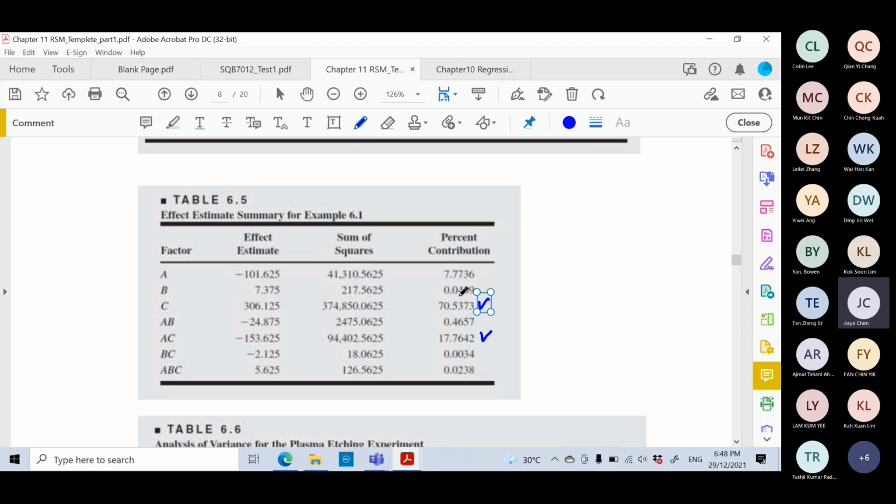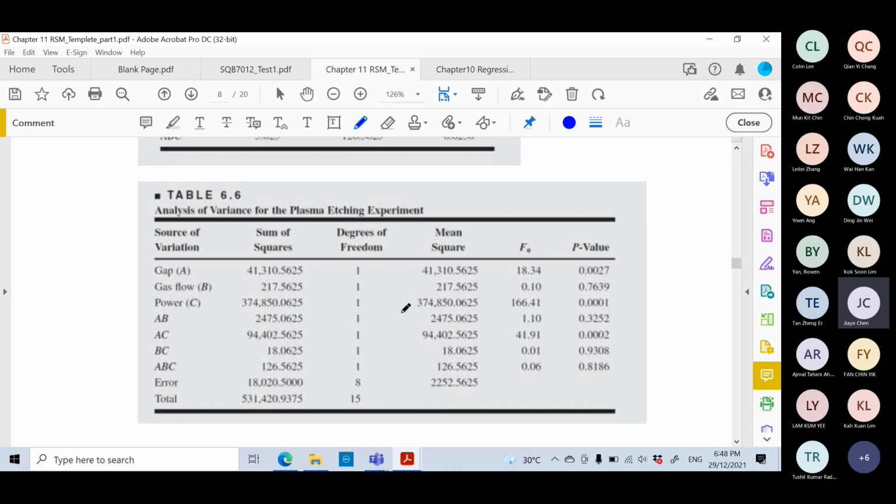From the equation here, of course this one is all nearly zero. This one, XA, maybe is also possible here. So we can identify that these three are considered important factors. Then of course we run the analysis of variance to confirm that.